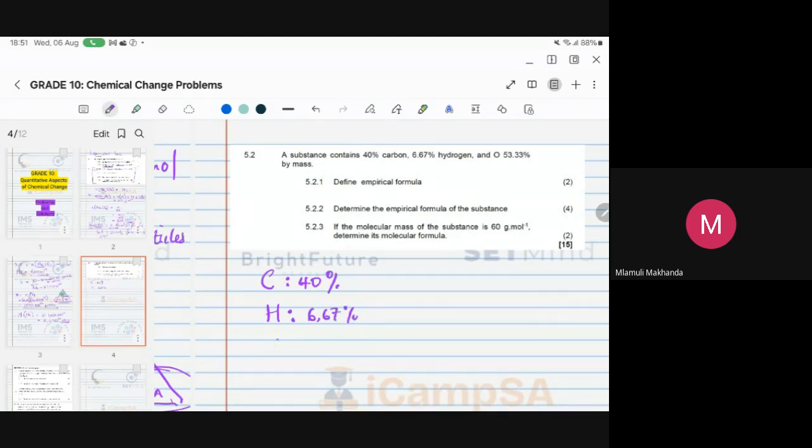And you have oxygen, you are given that it's 53.33%. What you simply do, you take these and turn them into masses. So this is 40 grams, this is 6.67 grams, and this is 53.33 grams.